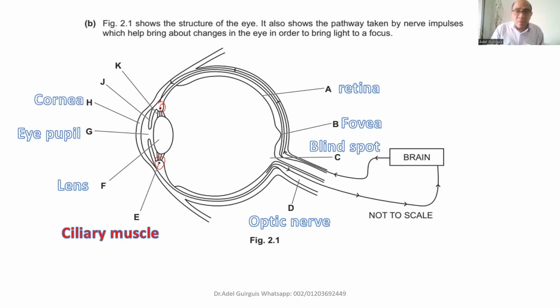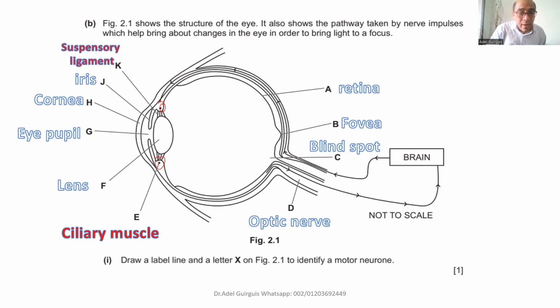Cornea, transparent tissue without blood vessels. J, the pretty colored part of our eyes, is the iris. K, suspensory ligaments, above and below the lens.